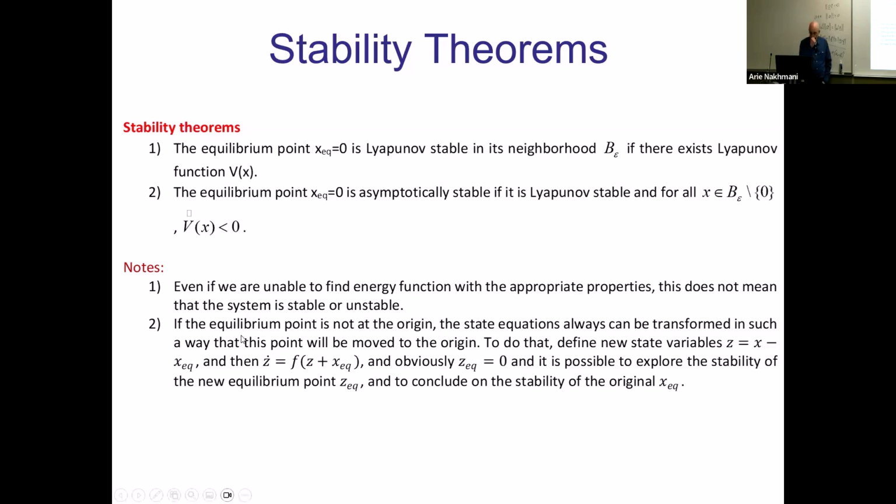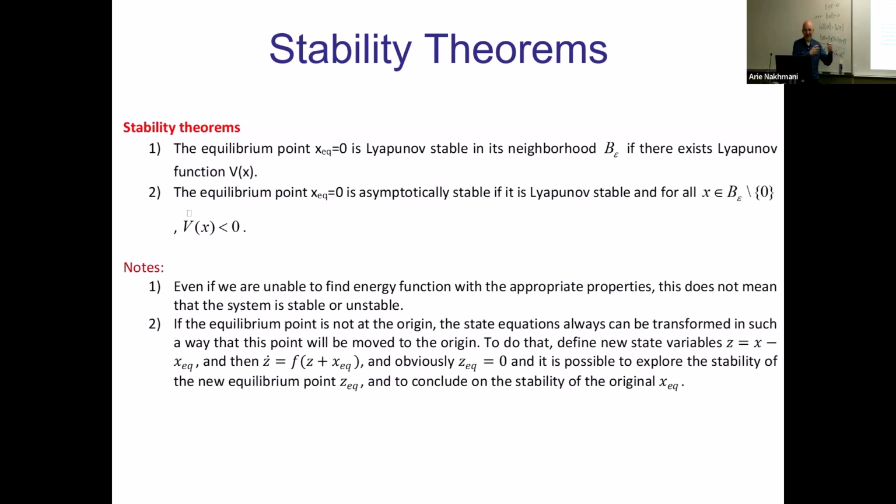Okay, what happens if your equilibrium point is not in the origin? It's not at the origin, so what should you do? It's not a problem at all, because you can define a different state, and we will call that state Z. You can pick any variable. Let's call it Z. Your Z will be X minus X equilibrium, whose stability you want to check. So pay attention to what happens to that particular system, okay?